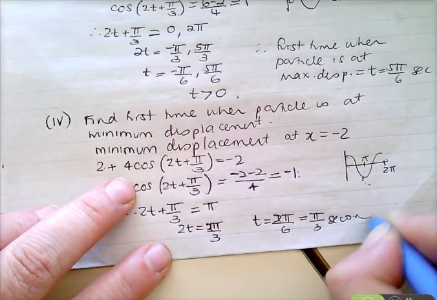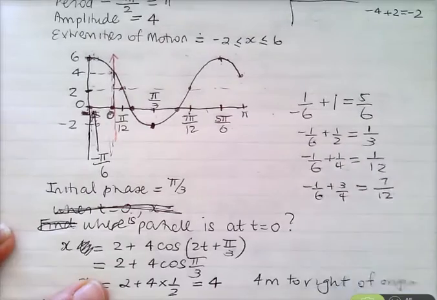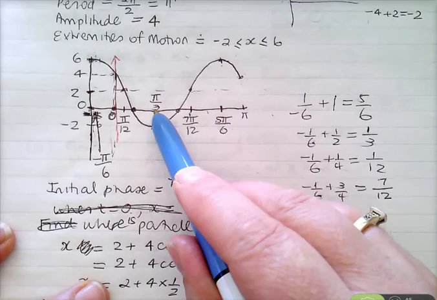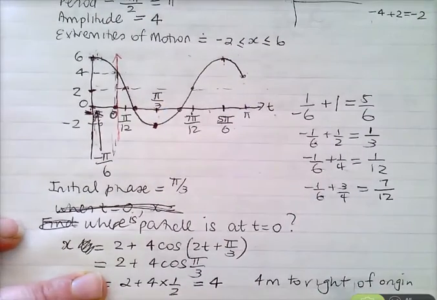And if we look back on the page before, when x is -2, time is pi on 3 seconds, and that is the answer that we were expecting.